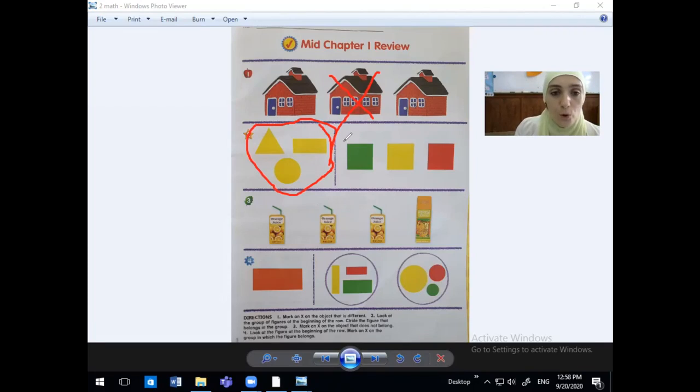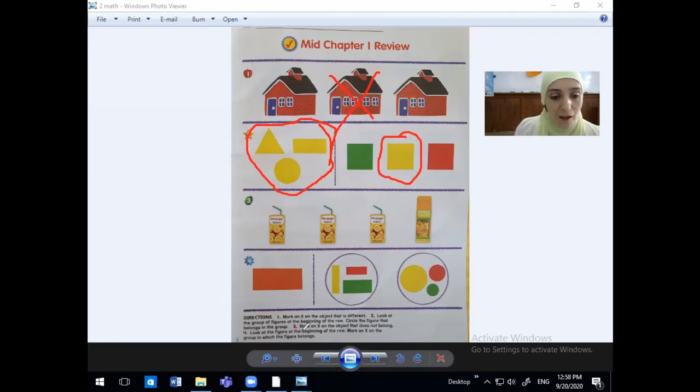So which figure would fit this group by color? We have just one yellow figure and we circle it. Because this figure can be in this group, it refers to this group, the yellow color. They are all yellow.